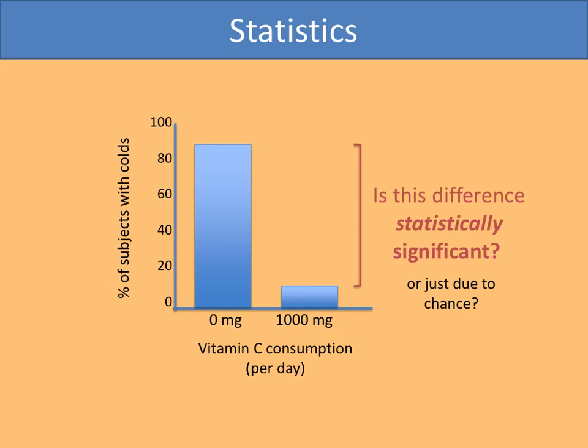They didn't get the vitamin C. And you ended up with 1,000 milligrams. Now, if there were only 10 people in each group, it seems like this is a big difference, right? But if there's only 10 individuals, it might not be significant. There might not be enough power. So let's say this is a small sample.